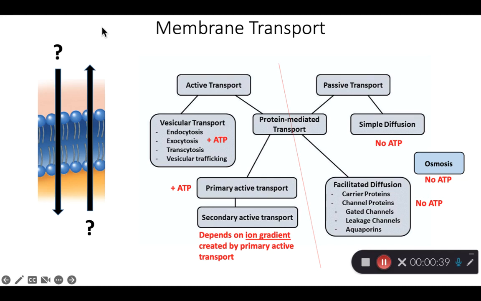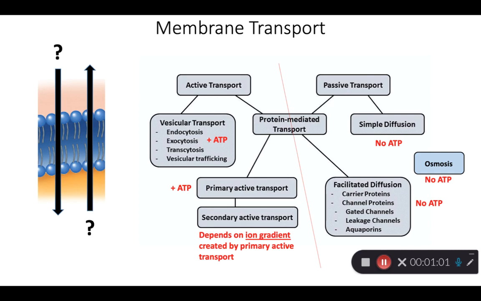What determines whether that molecule goes in or out is what kind of membrane proteins are there. What is the molecule? What's its chemistry? So, for example, if you are small and non-polar, you can usually go right through the membrane without a protein.